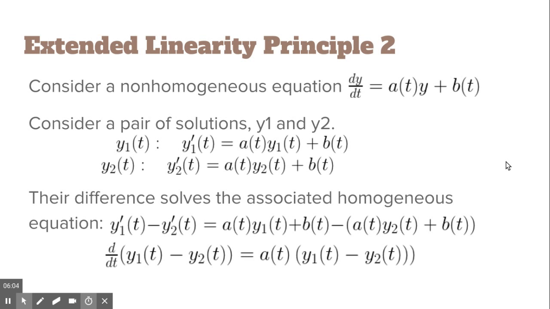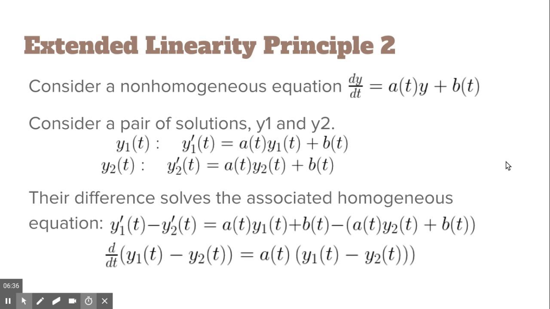So what I'm left with is that the derivative of the difference of non-homogeneous solution 1 and non-homogeneous solution 2 is a of t times that difference. Therefore, the difference of two non-homogeneous solutions is homogeneous. So the exact spacing between any two solutions to a non-homogeneous equation is a homogeneous solution.